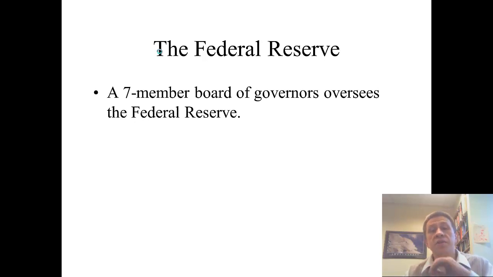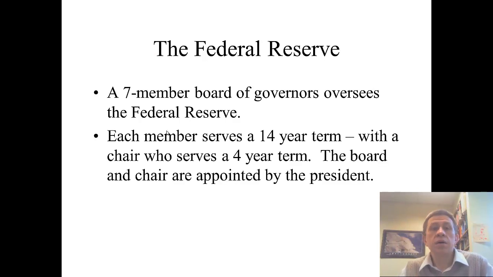The Federal Reserve is overseen by a 7-member board of governors. Each member serves a 14-year term. The chair serves a 4-year term. The 7-member board and the chair of the board of governors are based on appointments by the president, and it's staggered, with one every 2 years.